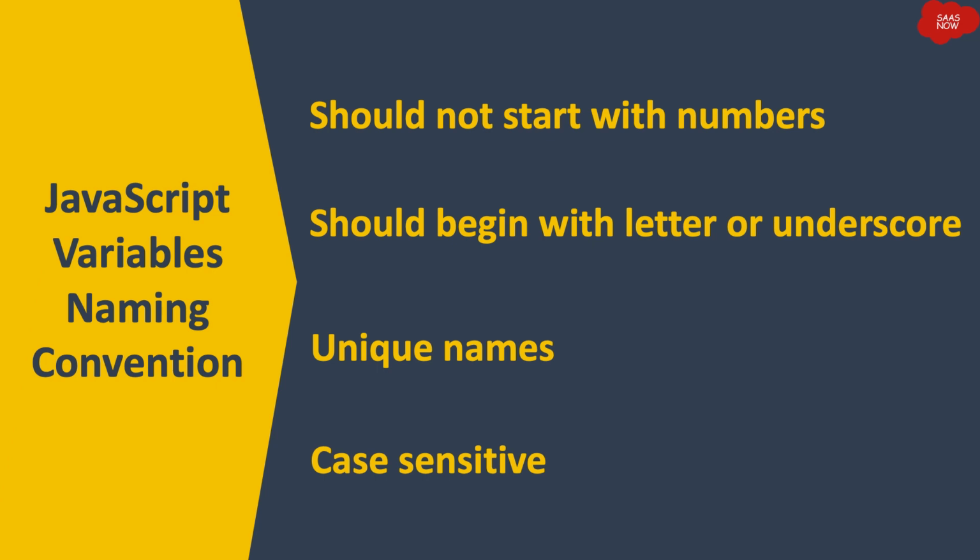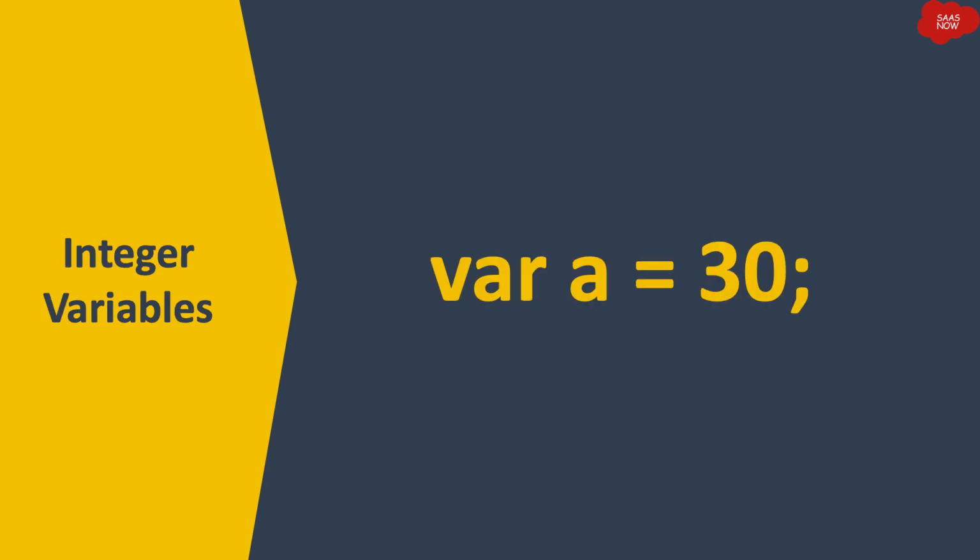Now in JavaScript, variables are of different types. So we will learn about different types of variables. However, we will also learn about JavaScript data types for variables in later sections. So starting with integer variables.